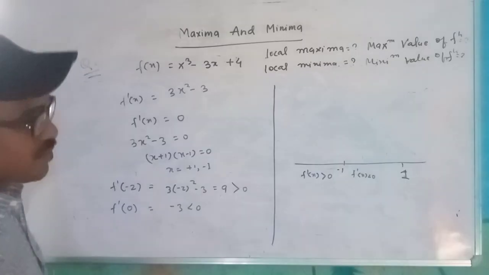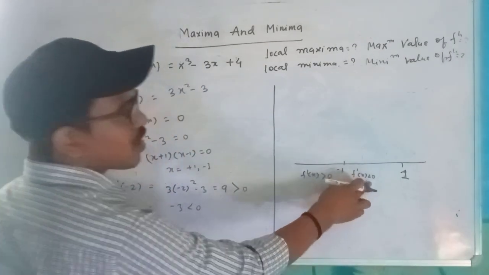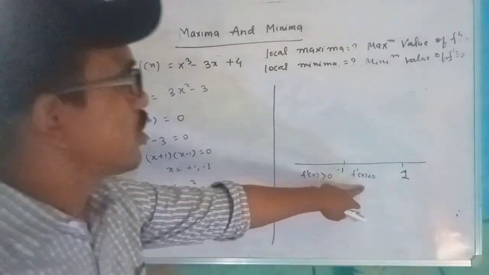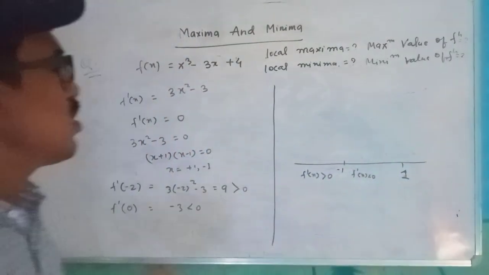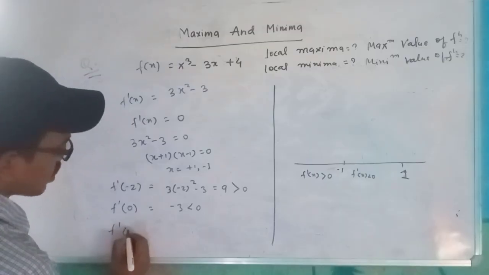Now let's check for the point 1. Before 1 the sign of the function is less than 0. Now let's check for a number greater than 1, let's say the sign of the function at 2.